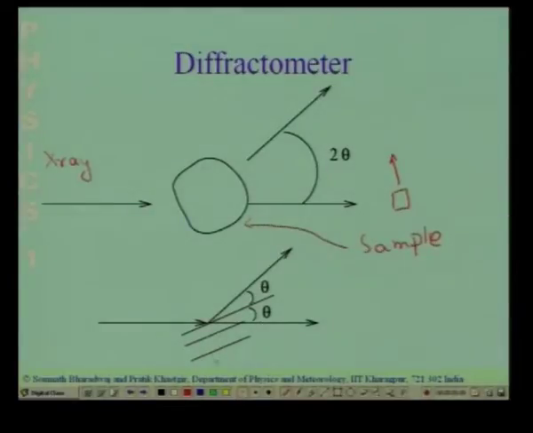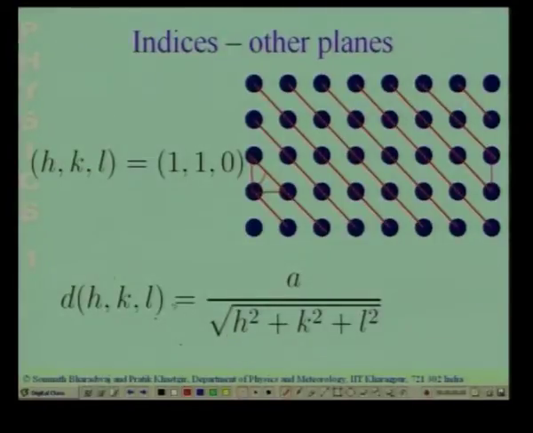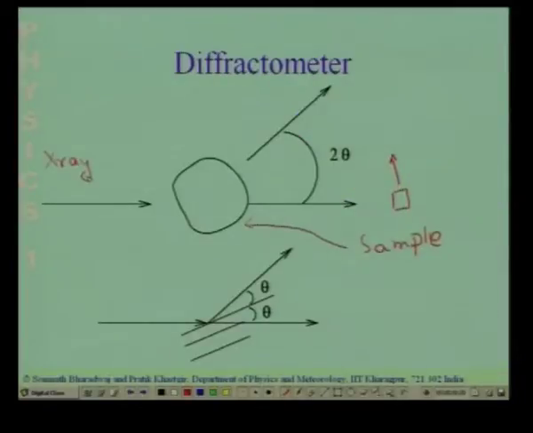Let us consider a set of planes. The planes could correspond to any of these Miller indices, but there could be some planes inside that crystal. So, let us say that these are the planes.